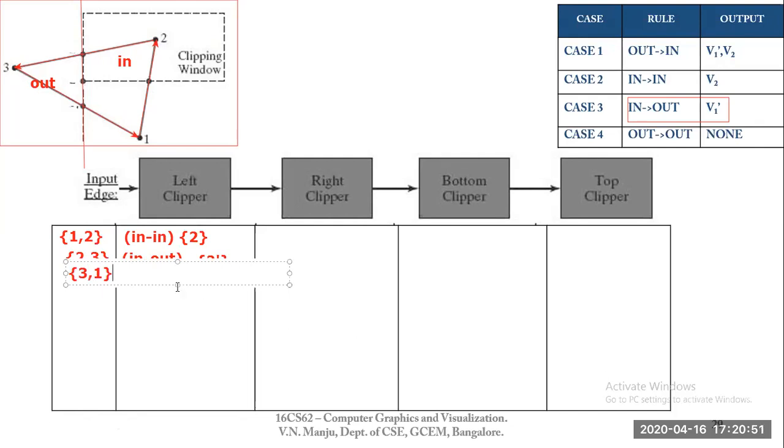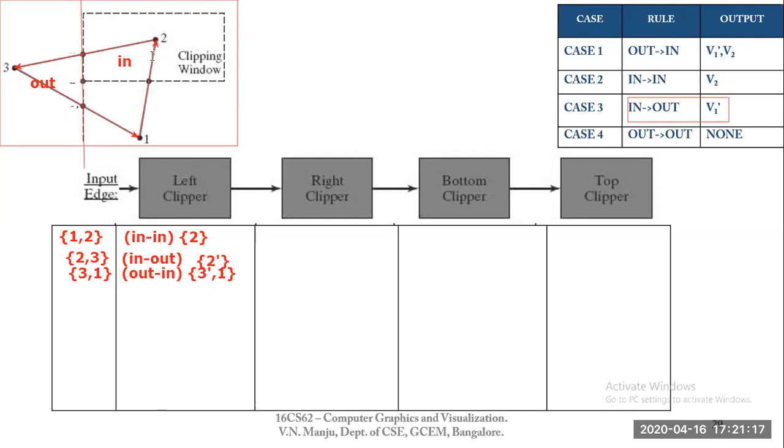Outside to inside, so out to in. Out to in gives V1 dash, V2. V1 is 3, so it is 3 dash, 1. Correct? These are the vertices now.